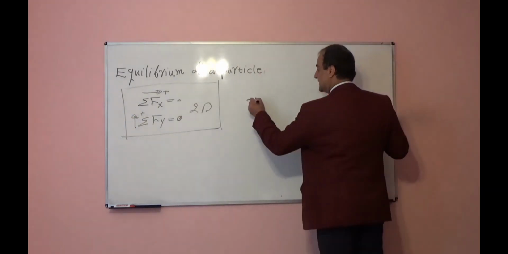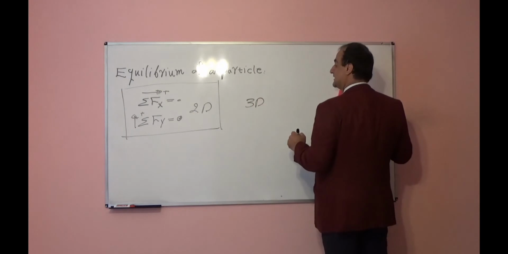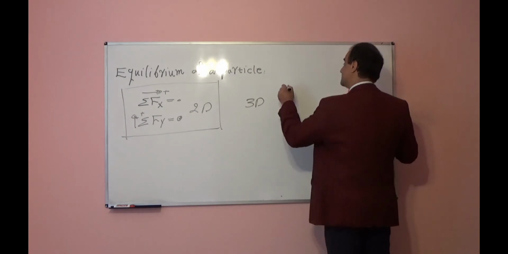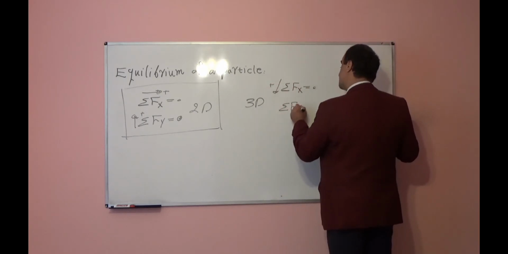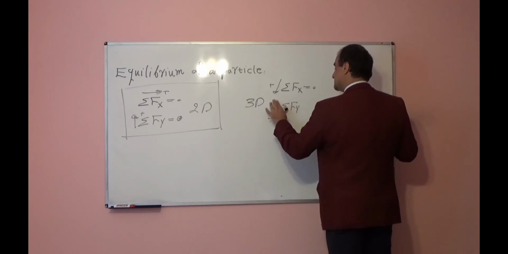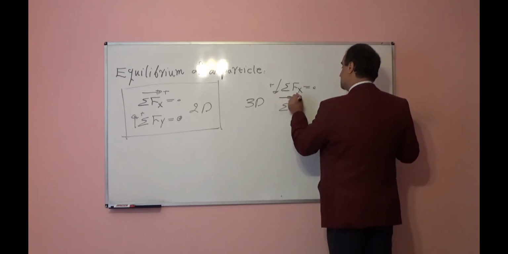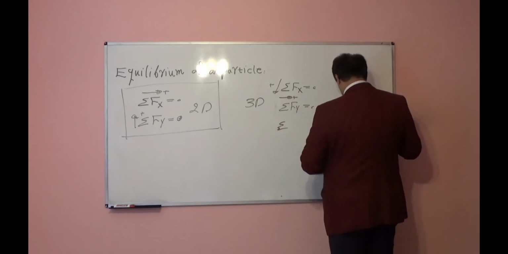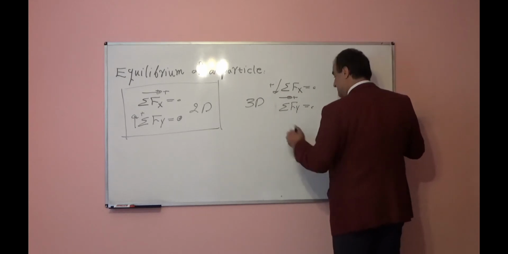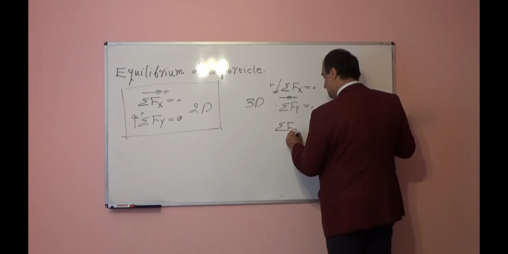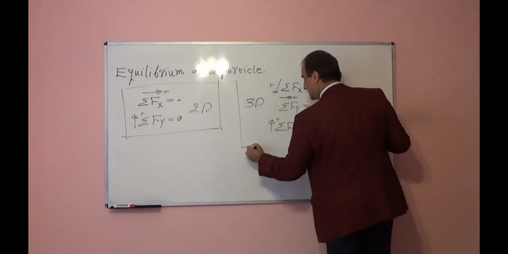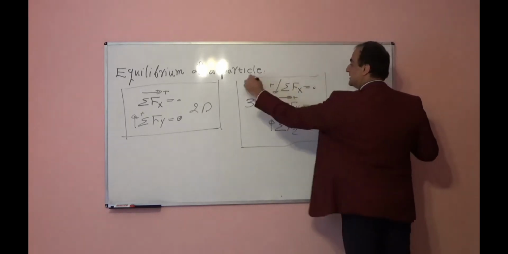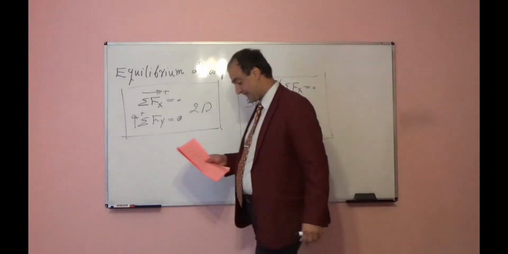In 3D space, again we can decompose all forces in the x, y, z direction, and if the summation of forces in the x direction is equal to 0, the summation of all forces in the y direction is equal to 0, and the summation of all forces in the z direction is equal to 0, we will call this particle at equilibrium in 3D space.